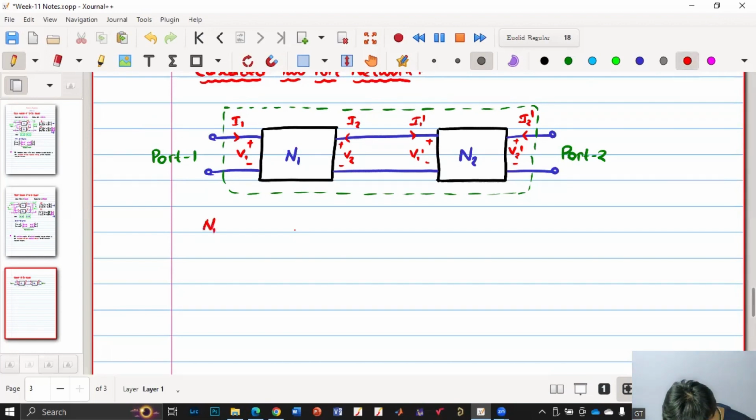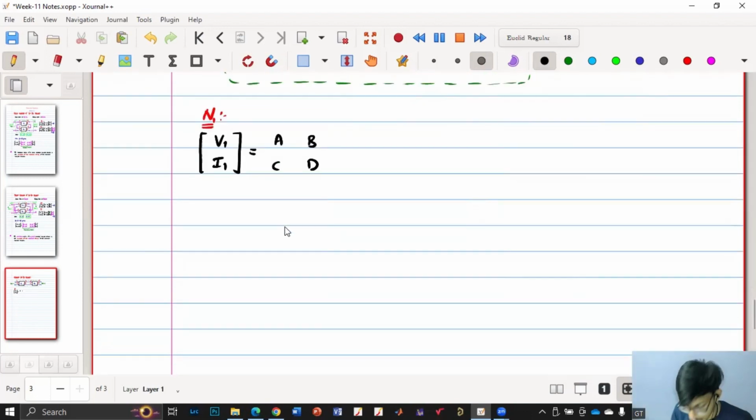So network 1, the input V1, I1 is equal to, we have A, B, C, D, right? Into V2, minus I2. We have to be careful because it's a load.